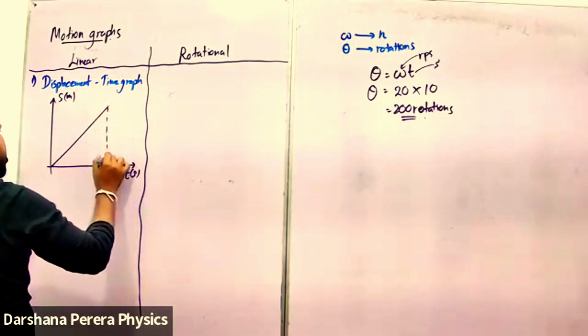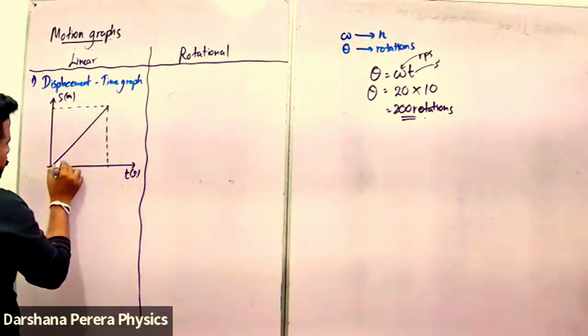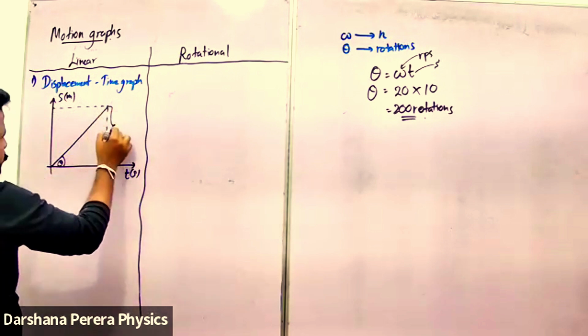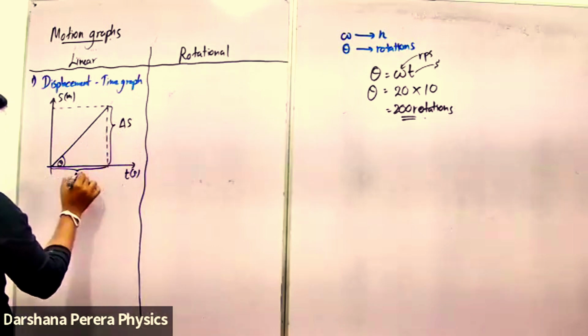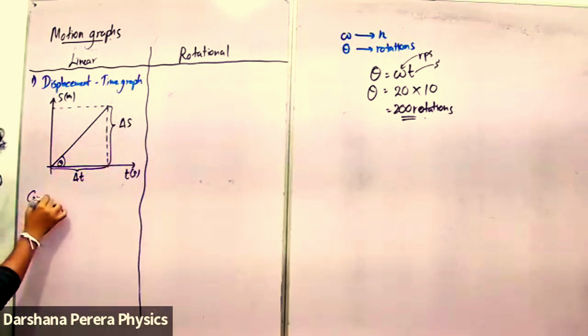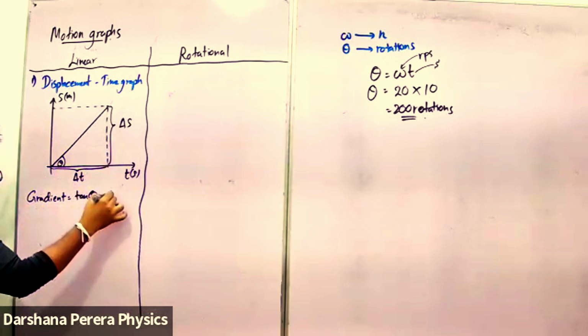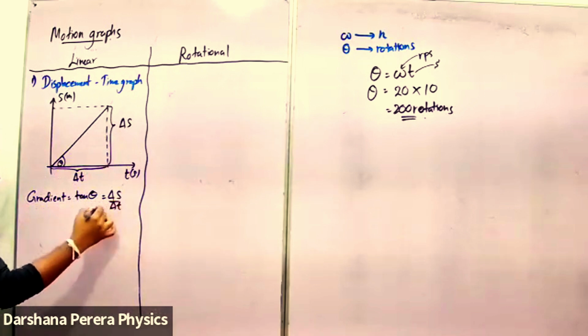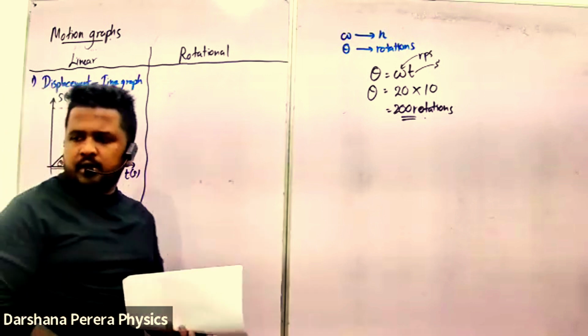We can take it like this: delta S, delta T. The gradient equals tan theta, delta S over delta T, that means velocity. Linear motion we had discussed like this, right?